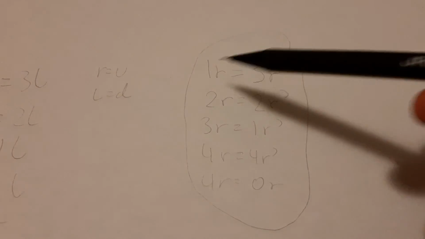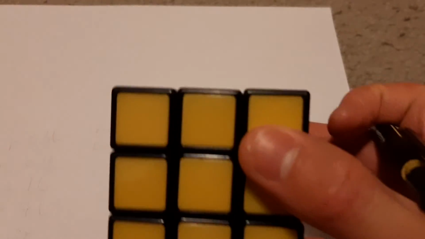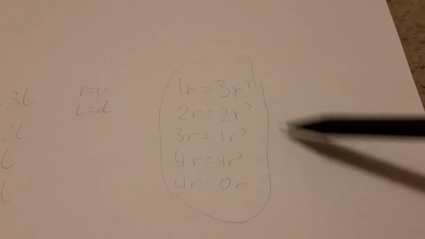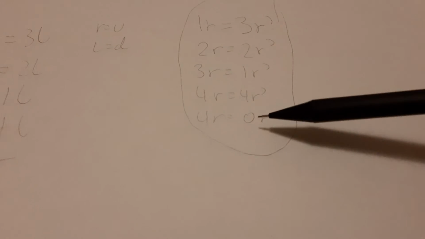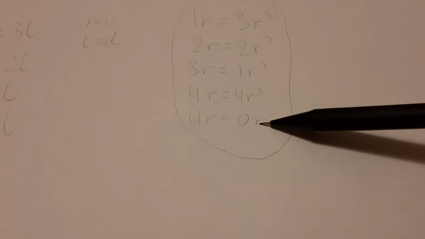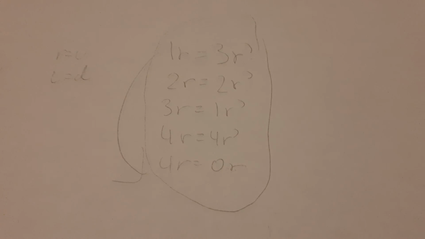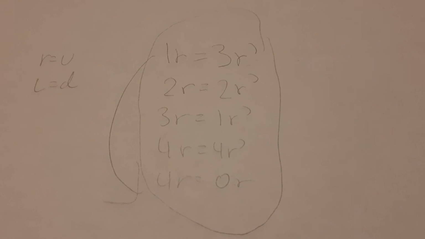So we capture every rotation we can make, according to each face, just in this one chart alone. And that's also because we go back to the original, which is 0. So it's like cycling. So it goes 1, 2, 3, 4, and then it cycles back. So we capture all the movements just in this one table. And I'd say that's pretty neat.